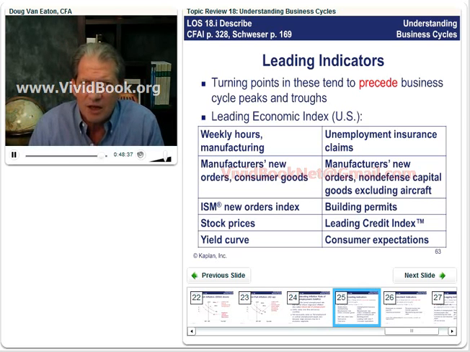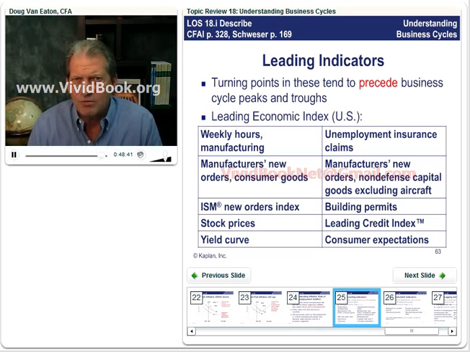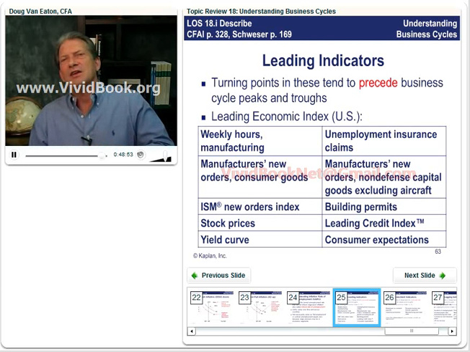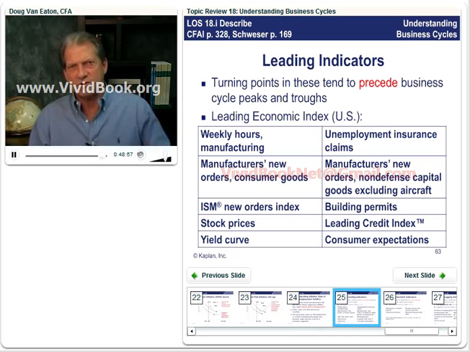Some of these are weekly hours for manufacturing workers. Stock prices are leading indicators. The yield curve, that is, the shape of the relationship between interest rates and maturity.